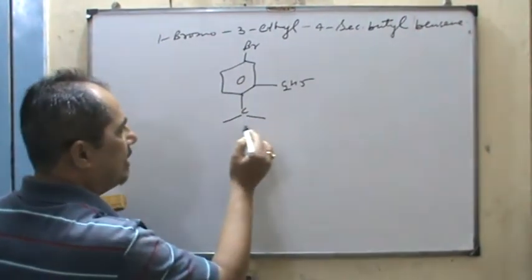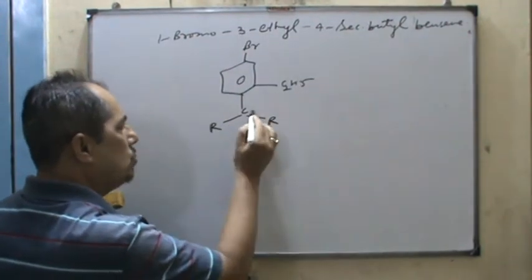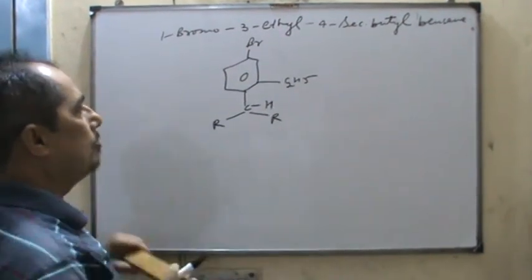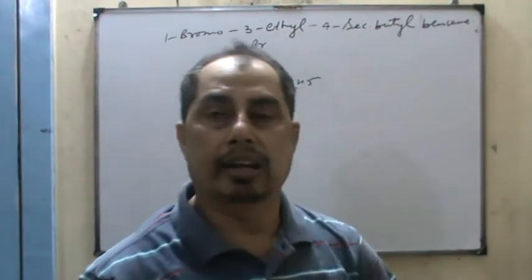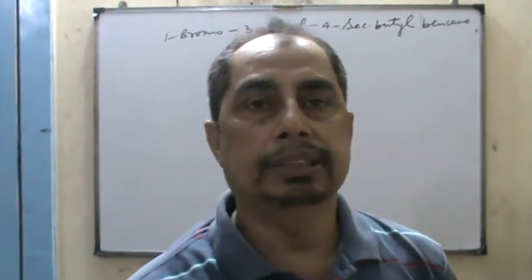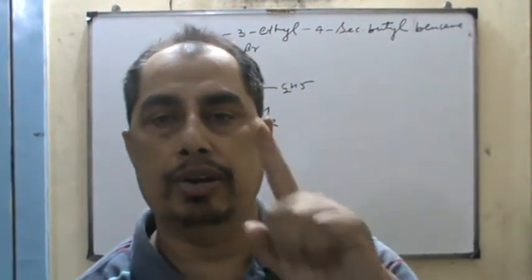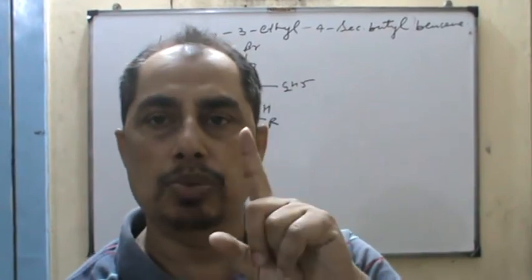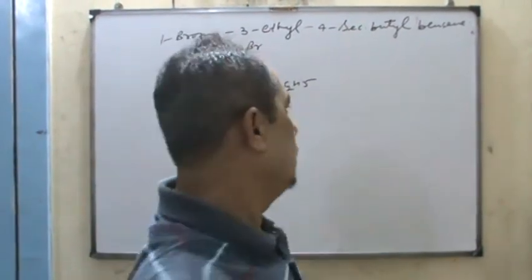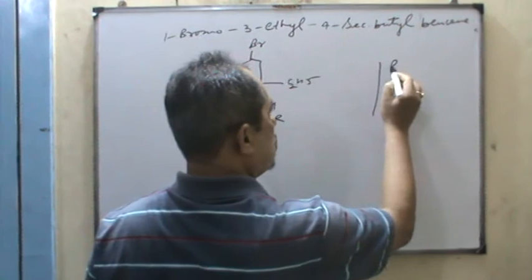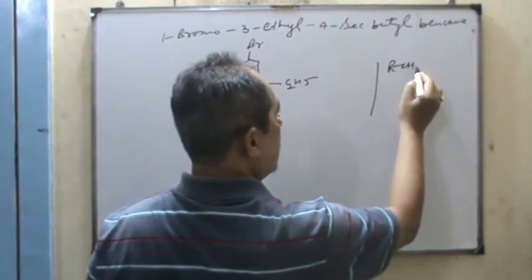If I write secondary butyl, R should be 2 and H is 1. Tertiary means 3 R, no hydrogen. Secondary means 2 R and 1 hydrogen. Primary means 1 R and CH2. Again, in a nutshell, just retain this in your memory.